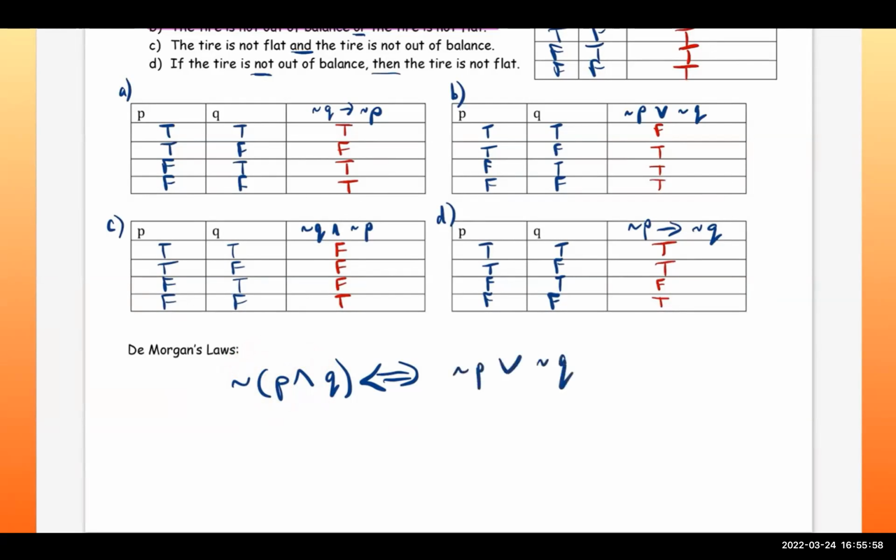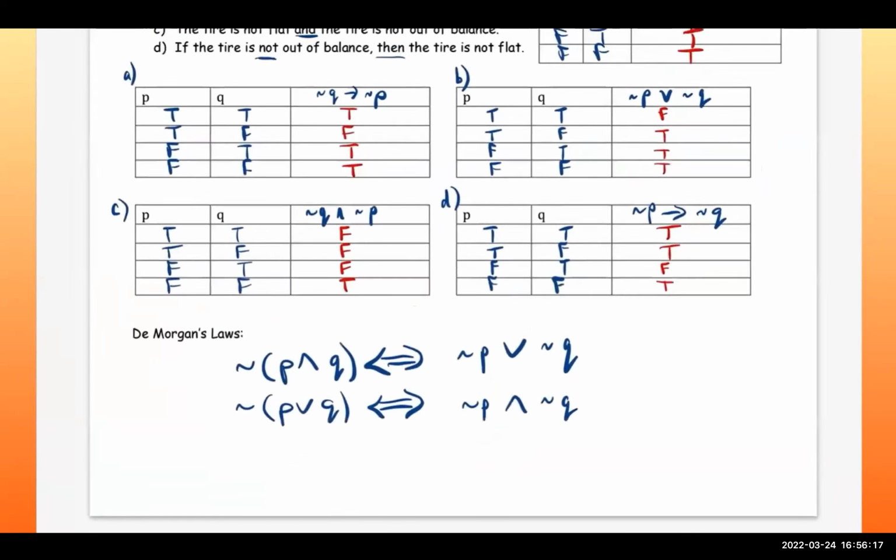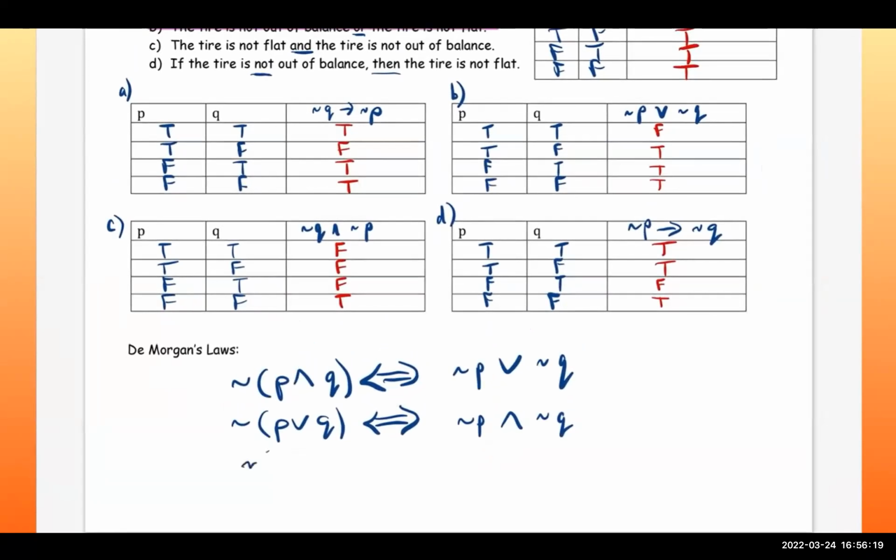So let's do another version of it. The negation of P or Q. Same thing. Distribute the negation, and you'll get not P and not Q. So when you negate or, it becomes and. All right, let's do a couple more. How about the negation of the statement not P or Q?